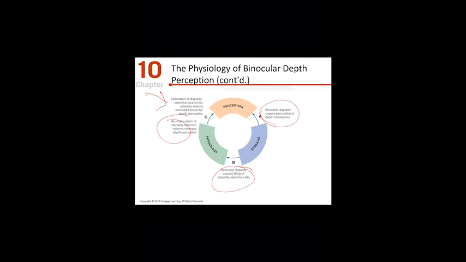And then finally, we're going to talk about selective rearing. So we know that the disparity selective neurons exist. We can look at microstimulation, but another reason we know that they exist is the experiment by Blake and Hirsch. If we eliminate these disparity selective neurons, we can actually ruin an animal's ability to perceive binocular depth.